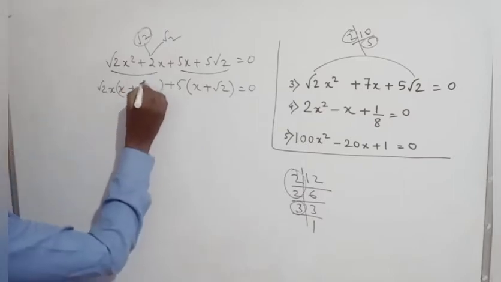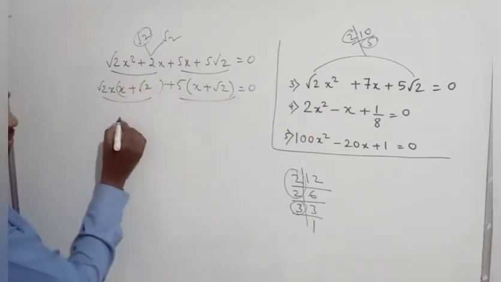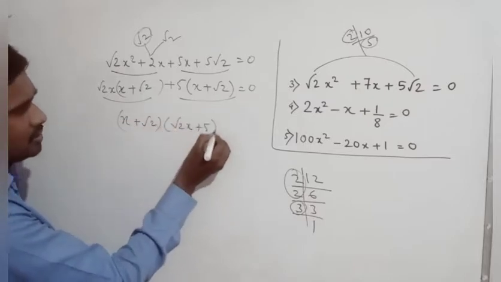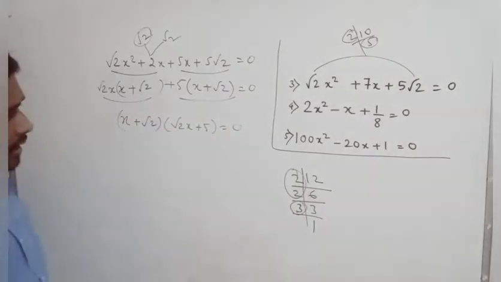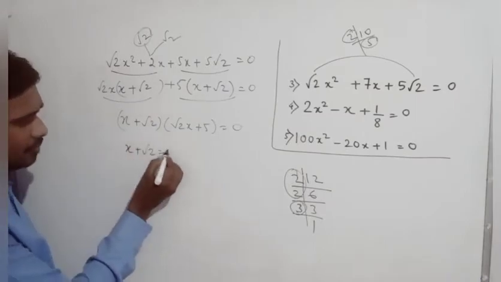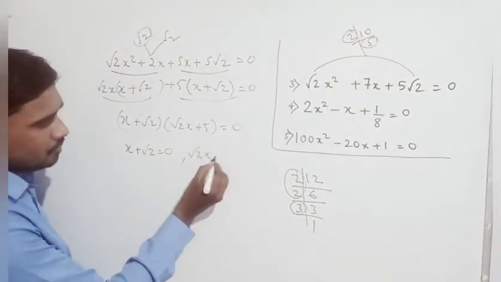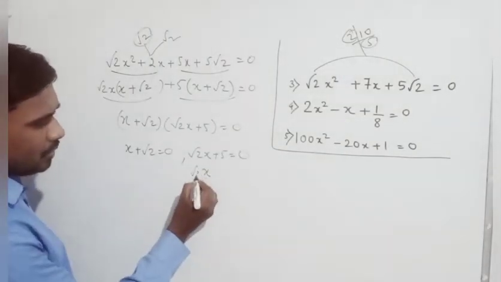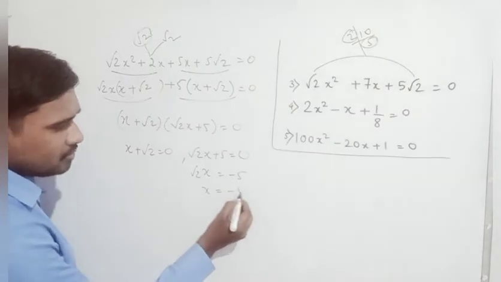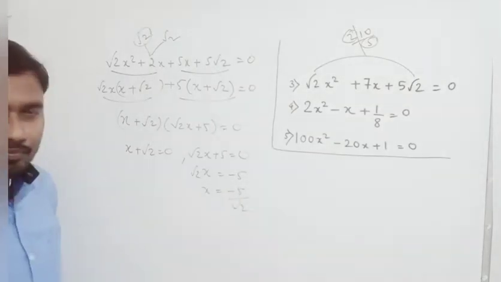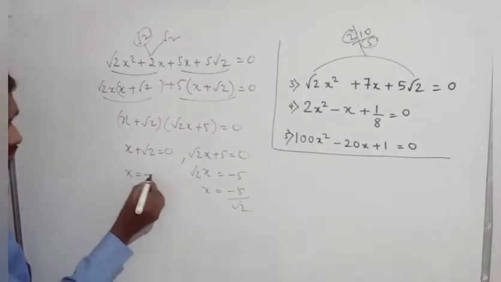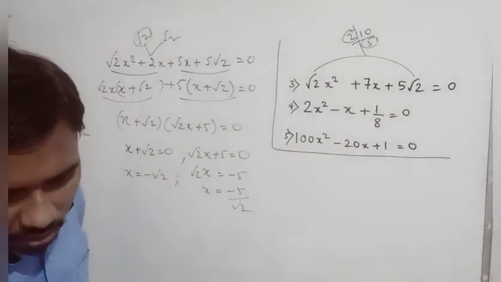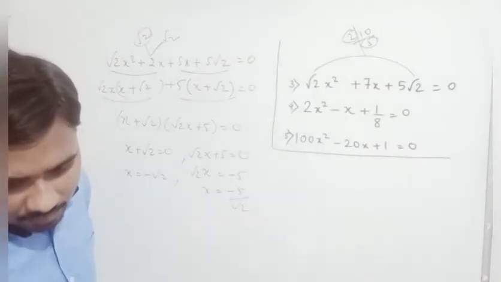So now two terms, x plus root 2 and root 2x plus 5 is equal to 0. Now again write the parts separately, first part, second part. So root 2x is equal to minus 5 and x is equal to minus 5 by root 2. And here x is equal to minus root 2. So these are the two roots of the following equation. Okay.